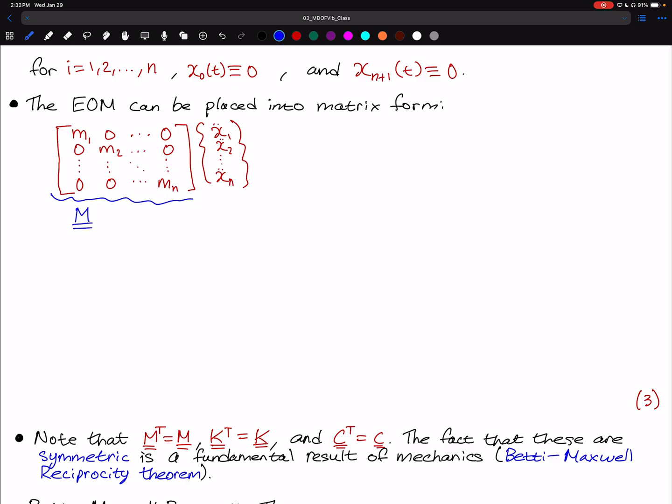And this is defined as the n by n mass matrix. And this here, we're going to end up calling x double dot vector. And this is the n by 1 acceleration vector.